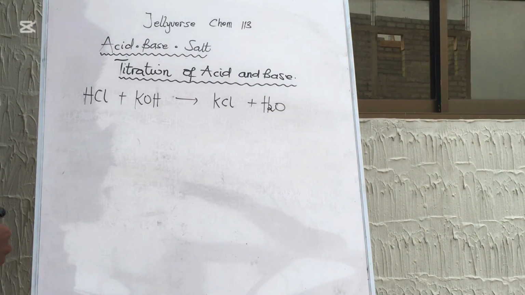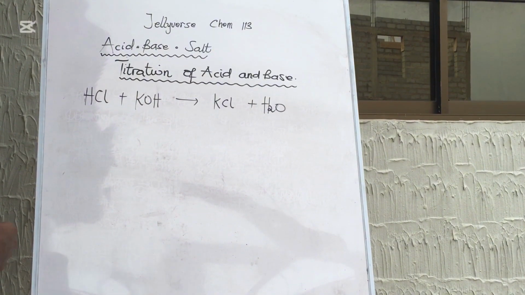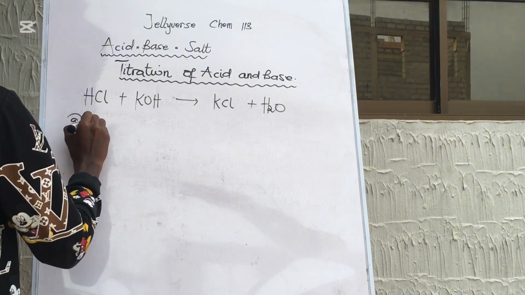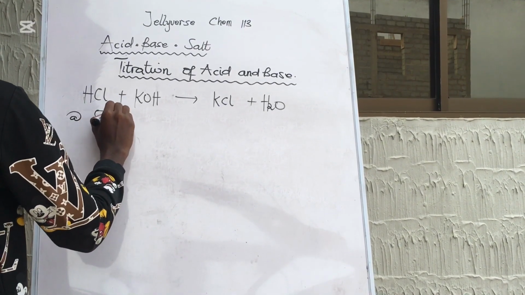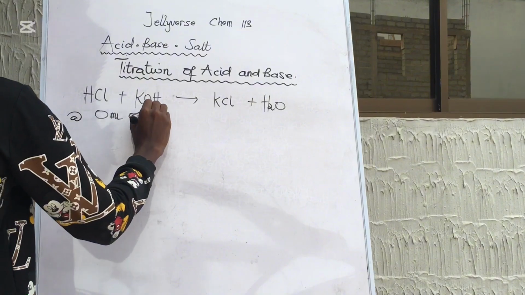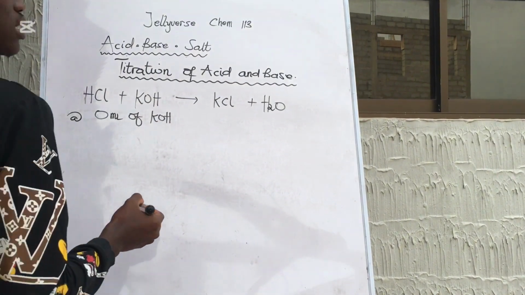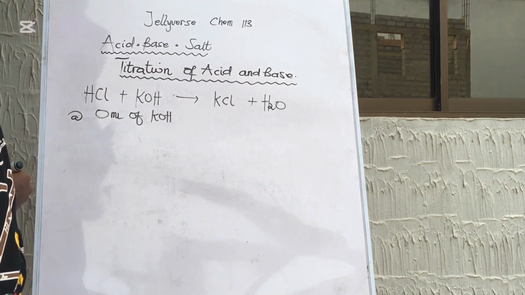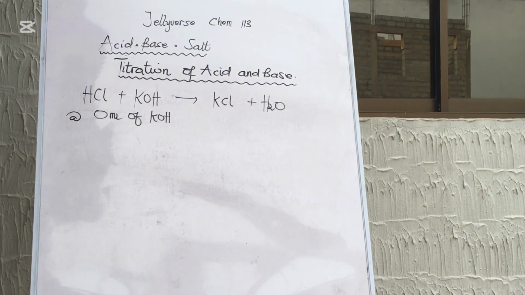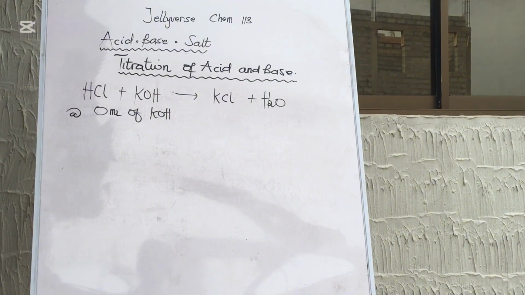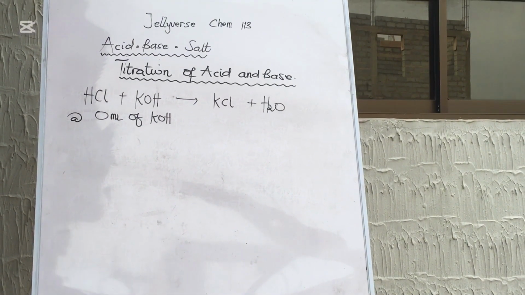Now before the reaction began, they are asking you to find the pH of the solution. So A, when 0 ml of KOH is added. Remember that there's a relation that tells us that moles is equal to concentration times volume. The same thing applies here.